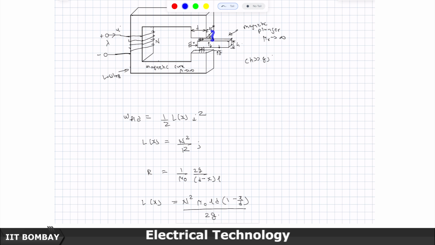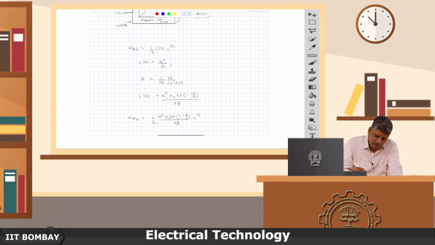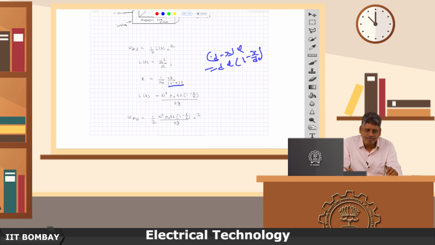So, the reluctance is 1 by mu 0 times the air gap. G air gap here and G air gap here come in series, so the total air gap in series is 2G, divided by the area of cross section, which we have already calculated as (d minus x) times L. So, N squared by the reluctance, then L of x will be N squared divided by 2G mu 0 ... and taking d common, (d minus x) times L, I am writing it as d times L times (1 minus x by d), because x will be between 0 and d only.